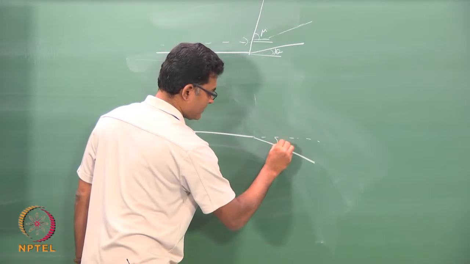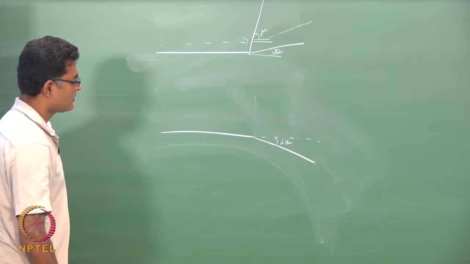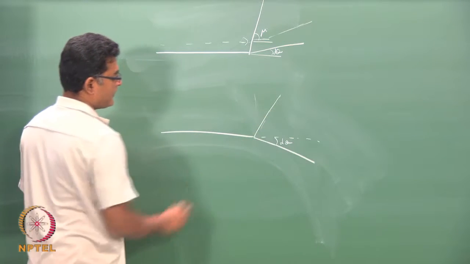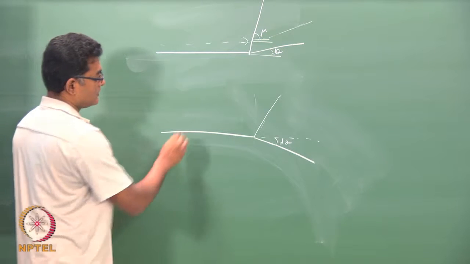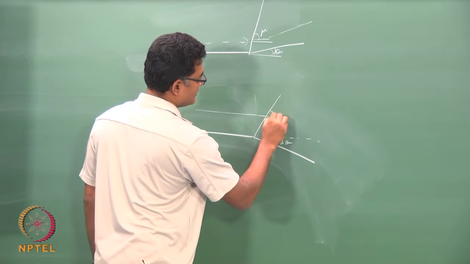So this angle is a very small turn d theta, and I have a wave here. This is my mu.